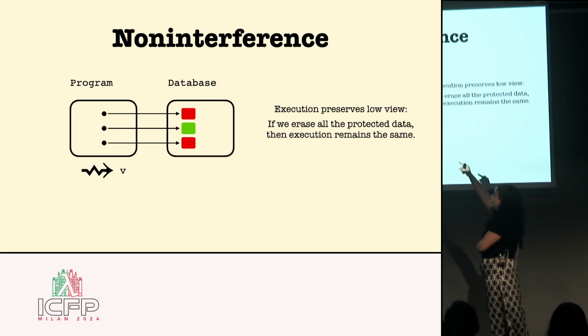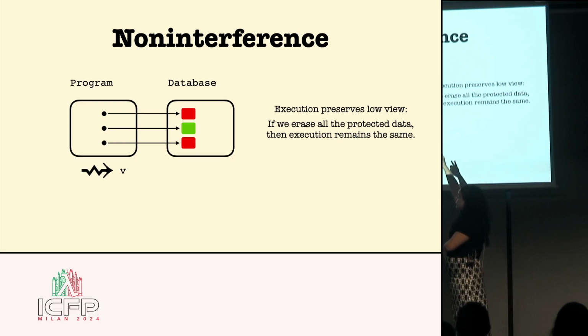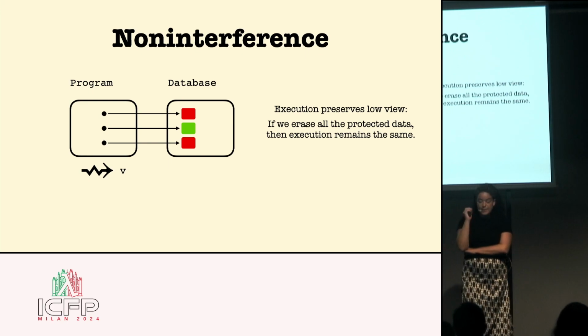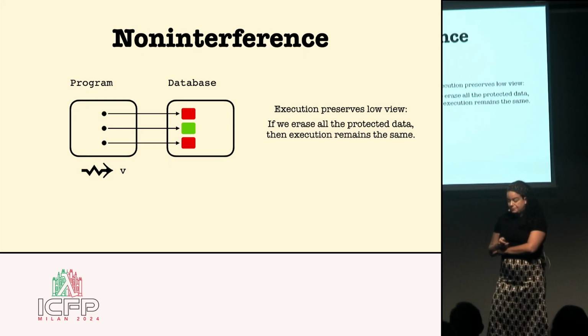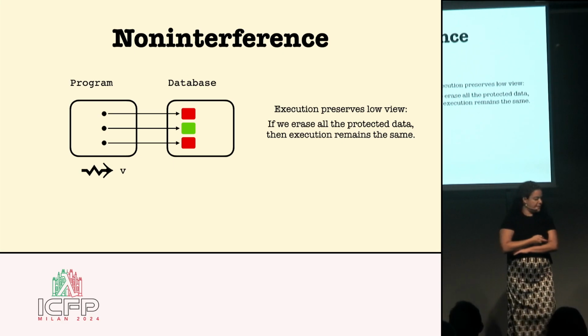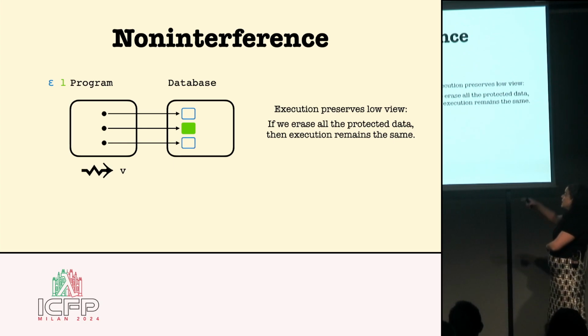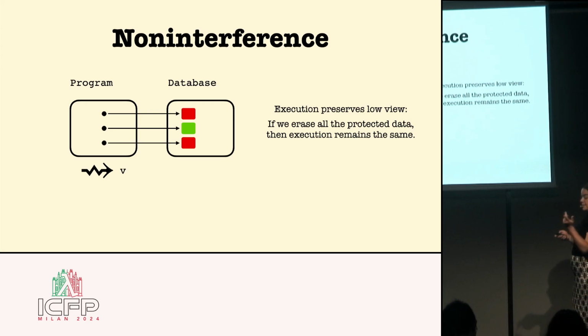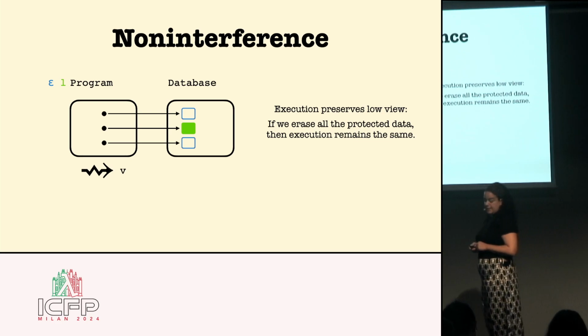The idea is that we have a program. The program is using data from the database, and it evaluates to a value v. We defined a function, erasure, where erasure of L erases all the data that are protected with labels that are above L. So if L is public, all the private data are going to be erased.